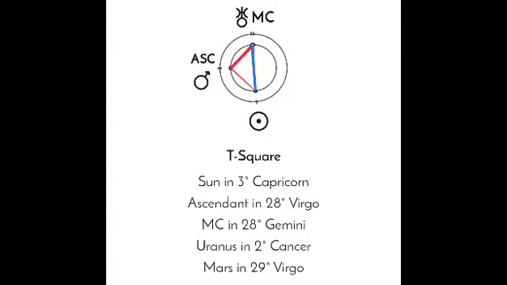So the very interesting thing that we see first and foremost is there are multiple planets that are creating the square energy. So if you can see, her Sun and her Ascendant are squaring her MC, which is the Medium Coeli, and the Uranus.